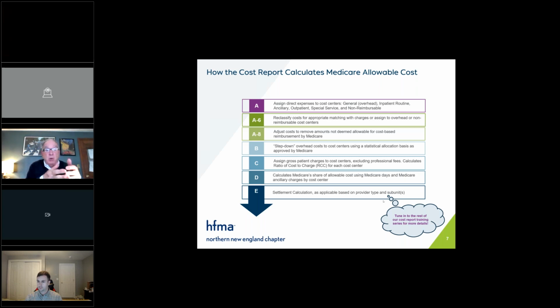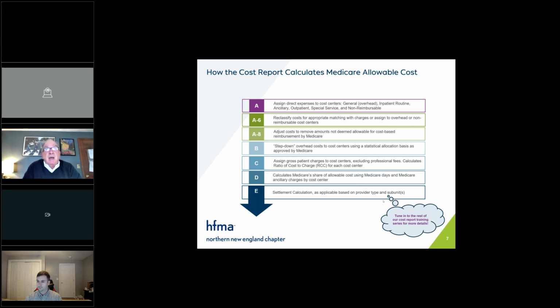Cafeteria, again, is when you go to your trial balance, you're going to have a dietary cost center, and you're going to have a cafeteria cost center, and then those get reported on the cost report, and the cafeteria costs are offset by cafeteria income.